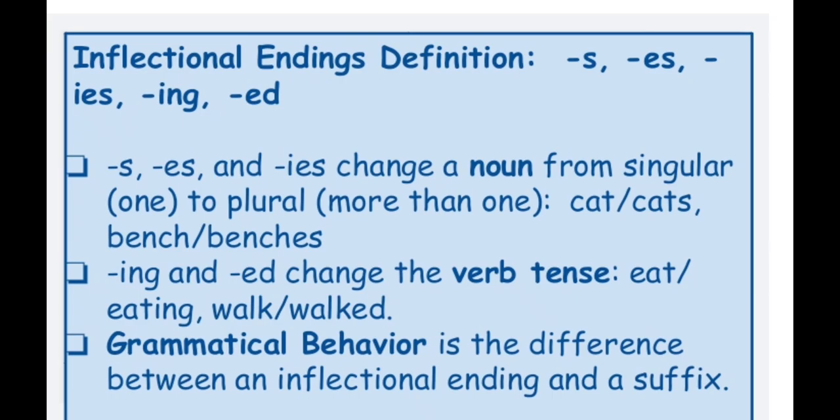So you can see where the S and the es is added to the noun to make it plural. Ing and ed change the verb tense. Example: eat, eating; walk, walked.